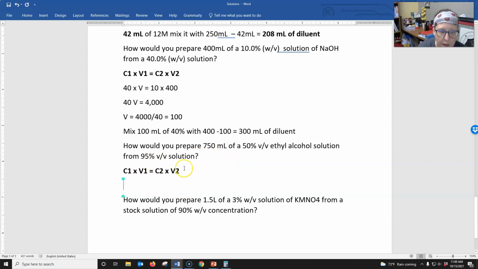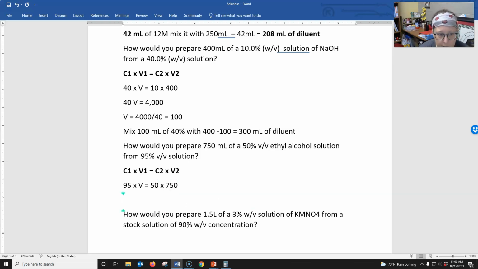And so again, C1, we're starting with 95%. We need to find V1. C2, we're going to end up with 50%, and V2, we want 750 mils. Okay, same thing.